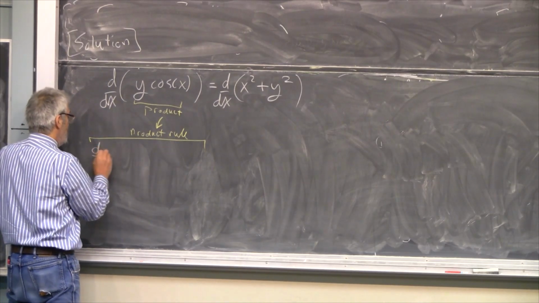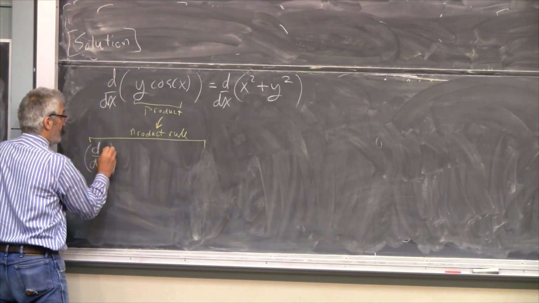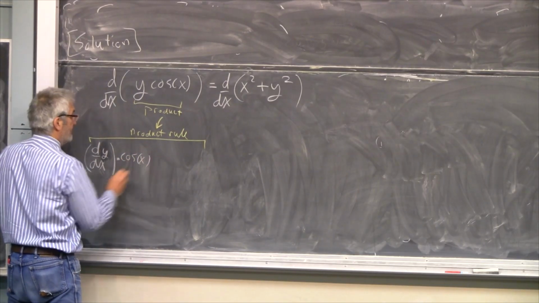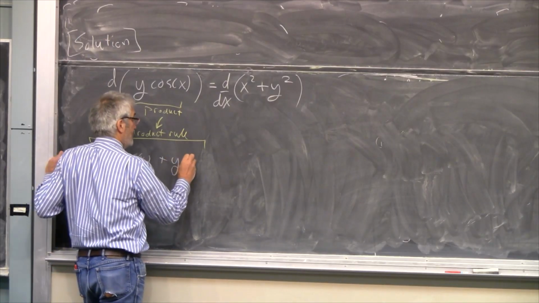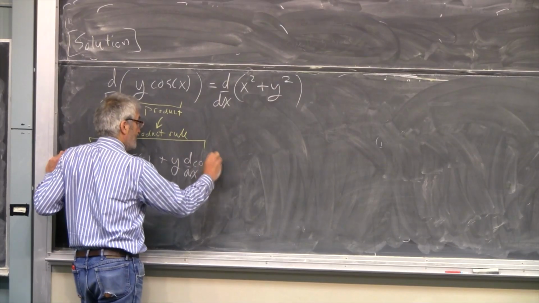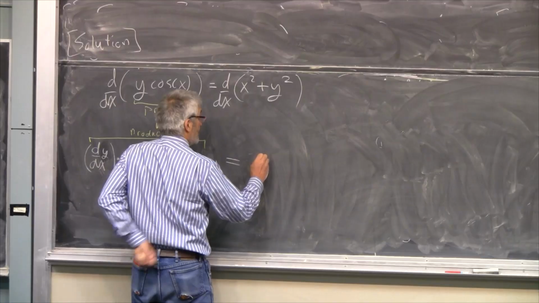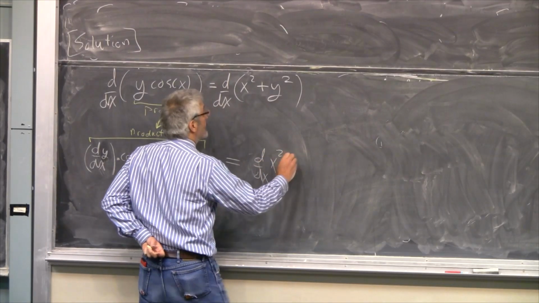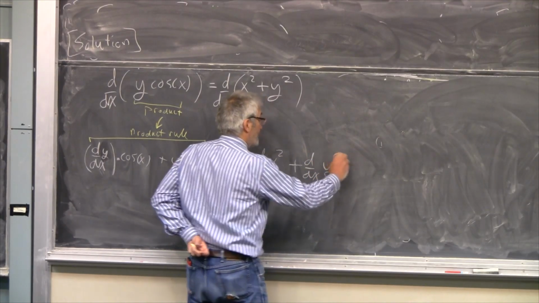I'm going to do d dx of y, that's the derivative of the first expression, times cos x, plus y times d dx of cos x. On the right side, I'm going to have d dx of x squared plus d dx of y squared.